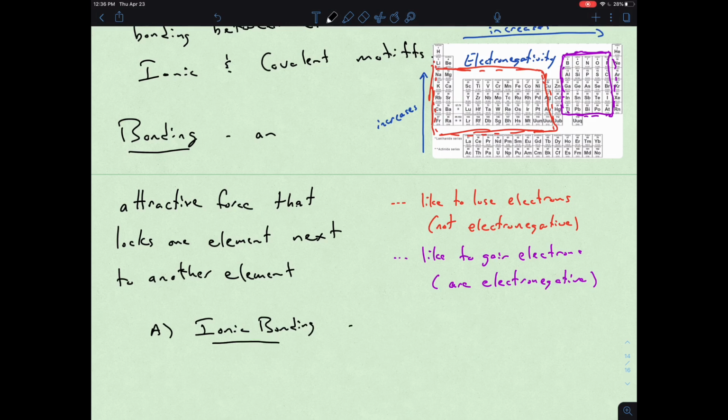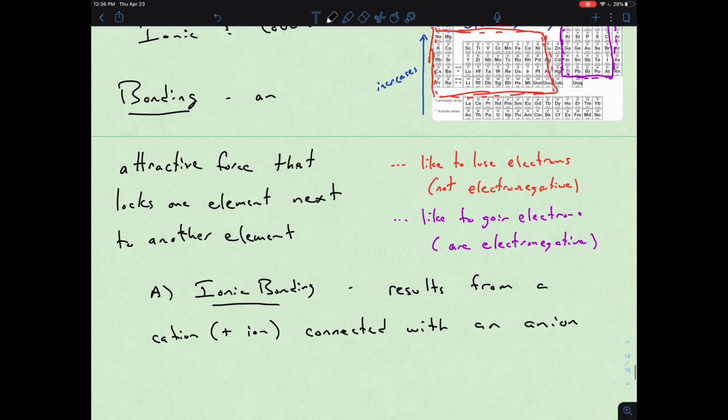And this is basically something that results from a cation, an element that is positive or a positive ion, connected with an anion or a negative ion.